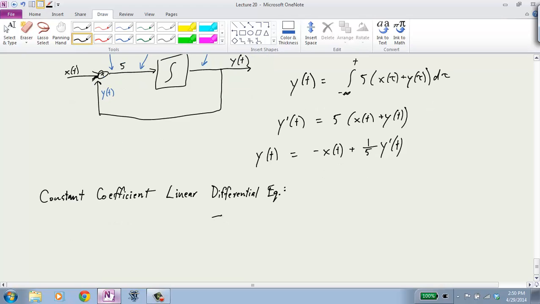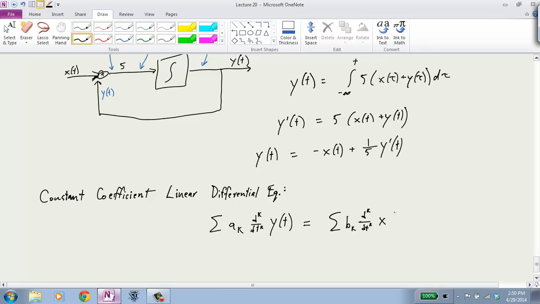We have a sum of some coefficients, a_k, times the kth derivative of y of t, equals a sum of some other constants times kth derivatives of x of t.